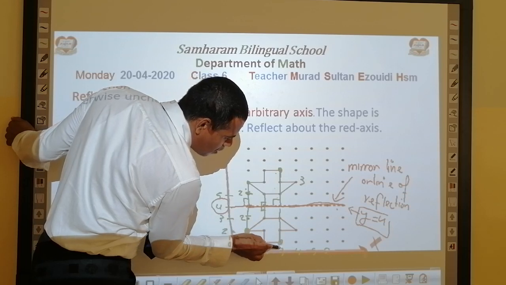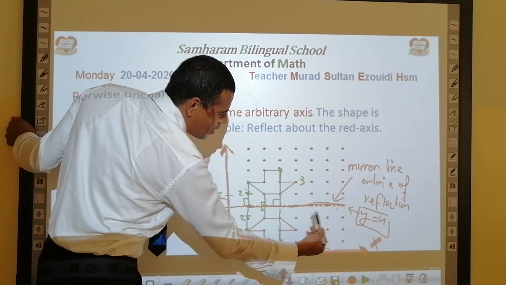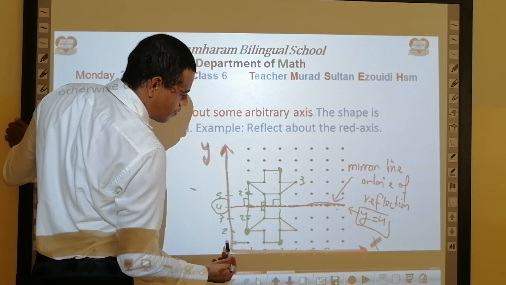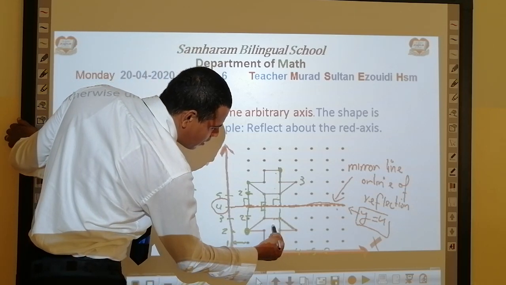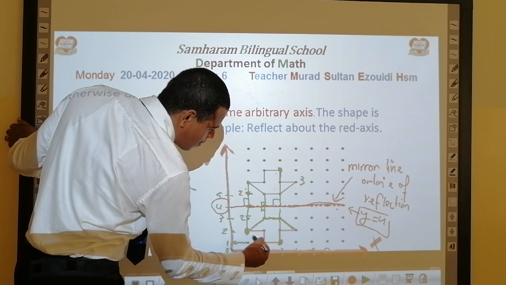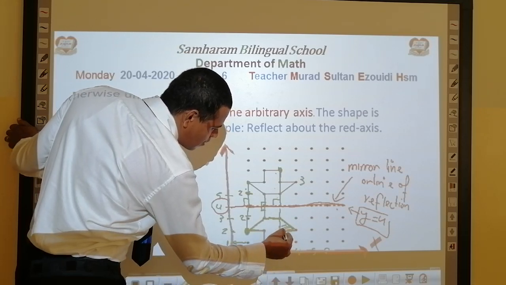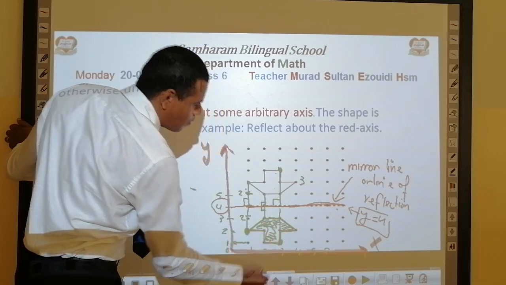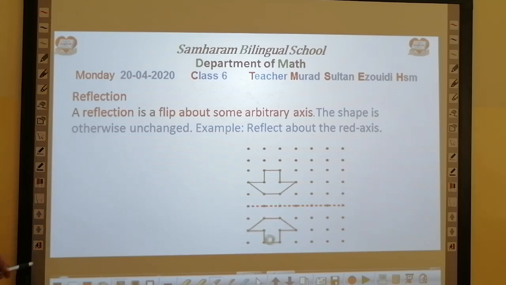So this point is the image of that, after reflection in the line of reflection, y equals 4. So this one, my kids, the red one, is the image of the object after reflection in the line y equals 4.